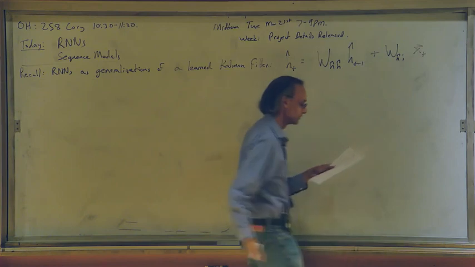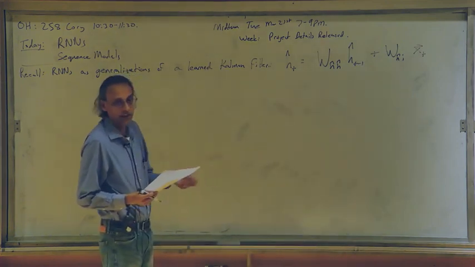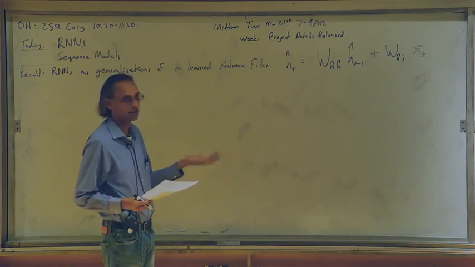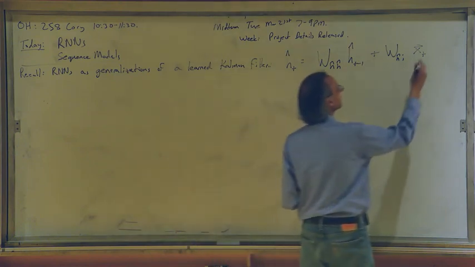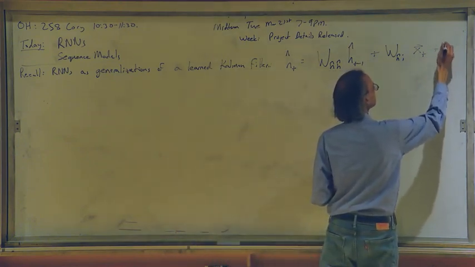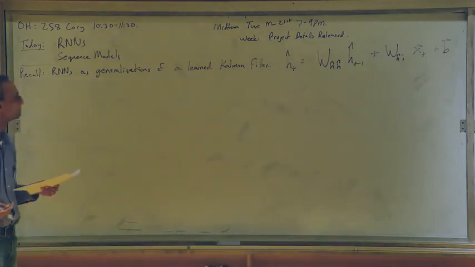All these are vectors. And in general, if you think there's a constant term you need to add, you can also add that, some bias term, if you think that one exists.